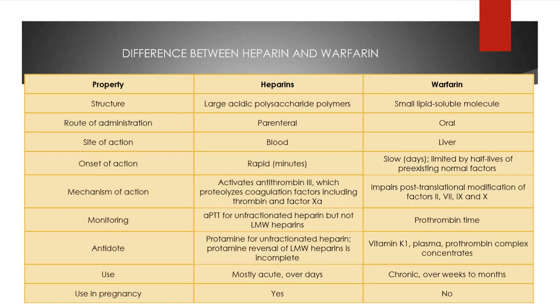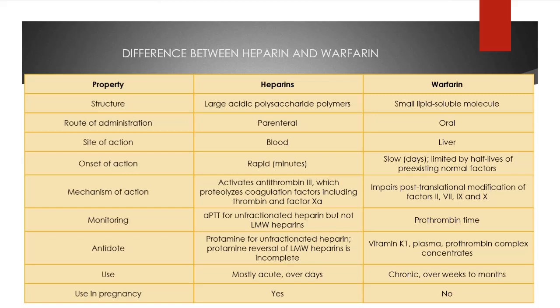whereas warfarin impairs post-translational modification of factors 2, 7, 9, and 10. APTT is used for monitoring of unfractionated heparin but not low molecular weight heparins, whereas prothrombin time is used for monitoring of warfarin. Protamine sulfate is used as antidote of unfractionated heparin toxicity, whereas protamine reversal is incomplete in case of low molecular weight heparins.